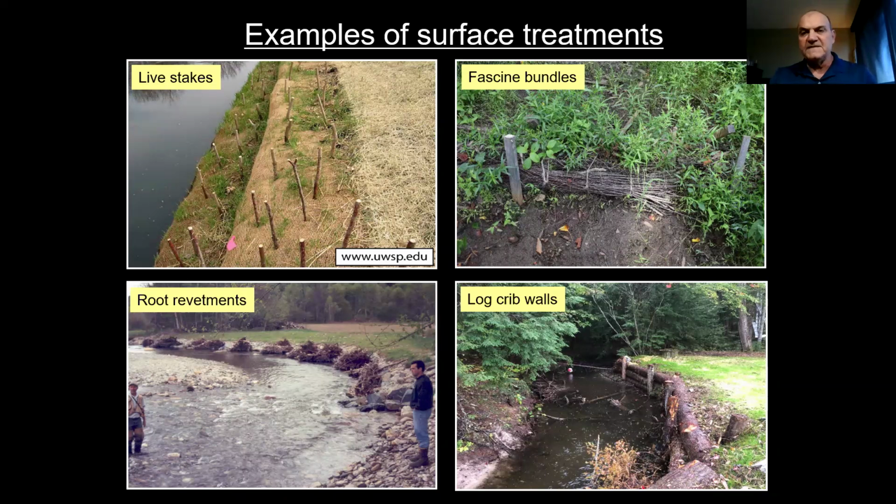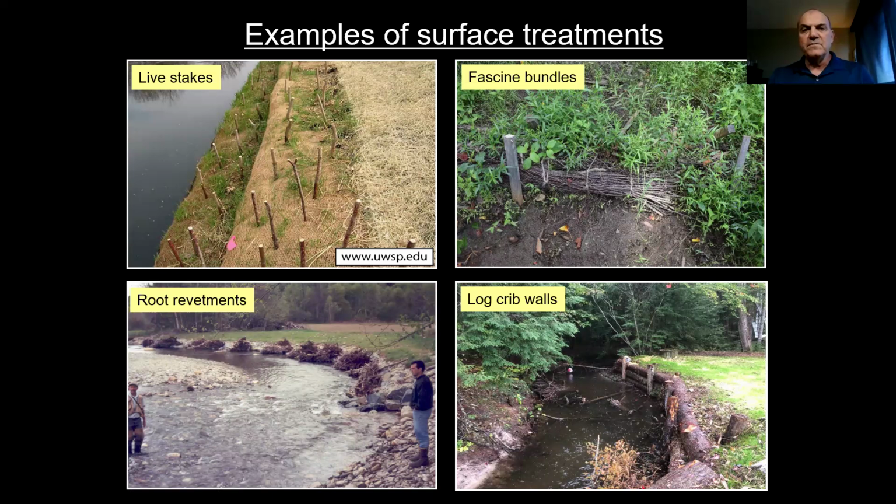This includes live stakes, plantings, fascine bundles, et cetera. All of these are outlined in the report. I'm not going to go through all these in detail during the talk, but just presenting the general outline to you today.